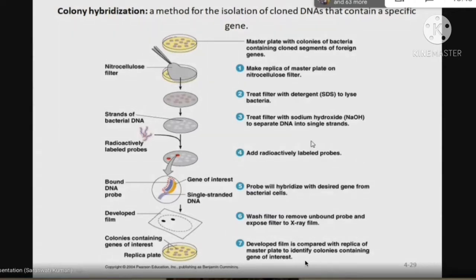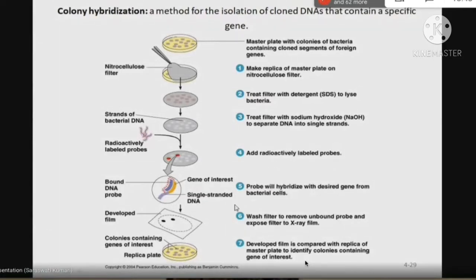Since we have to check the presence of our DNA, their sequence must be known. Then we can design our oligonucleotide, and then we label that oligonucleotide so that it will act as a probe. So we radioactively label that DNA sequence.